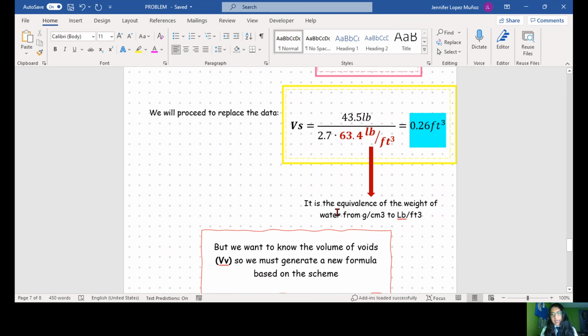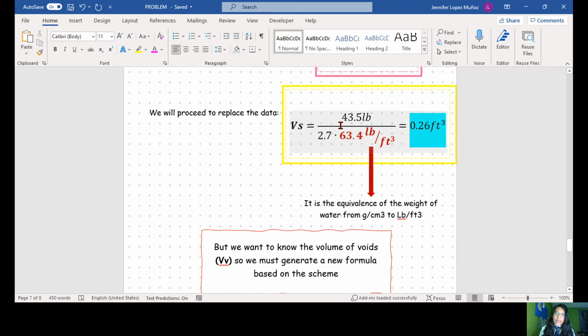This is the equivalence of the weight of water from grams divided by cubic centimeters to pounds divided by cubic feet.